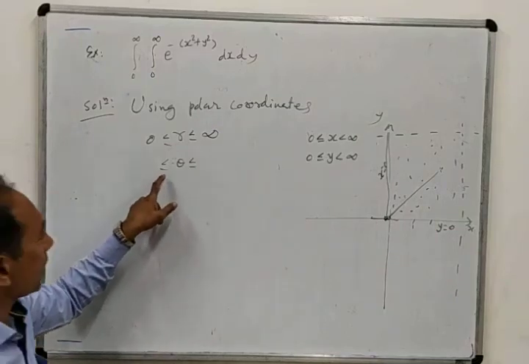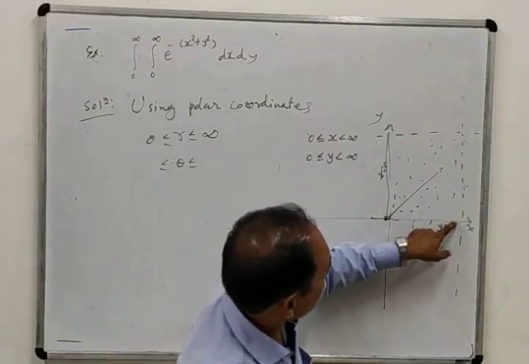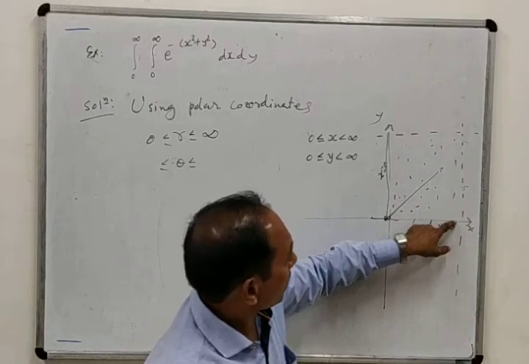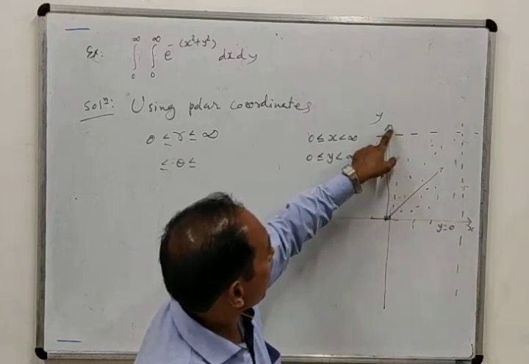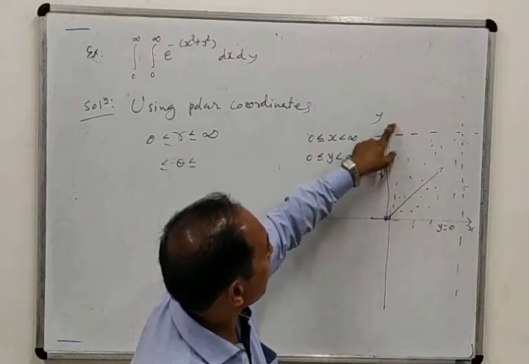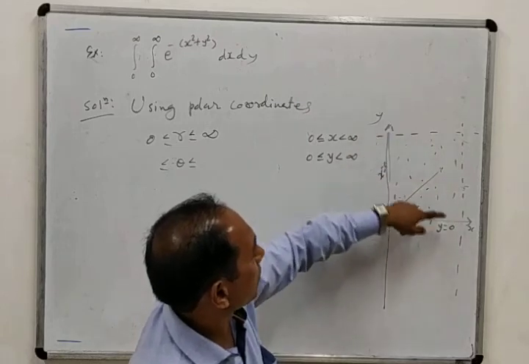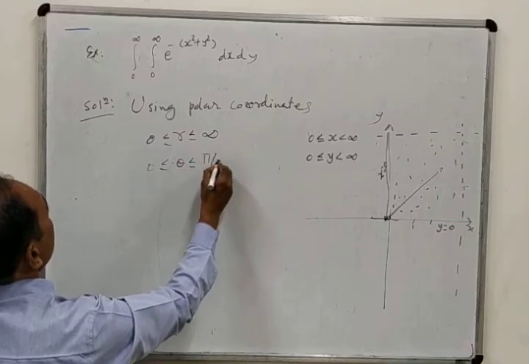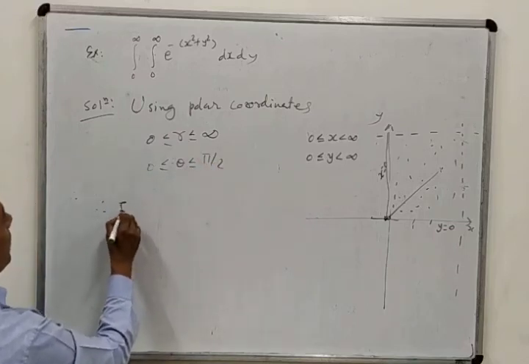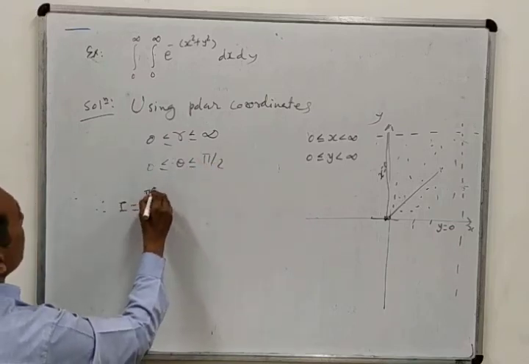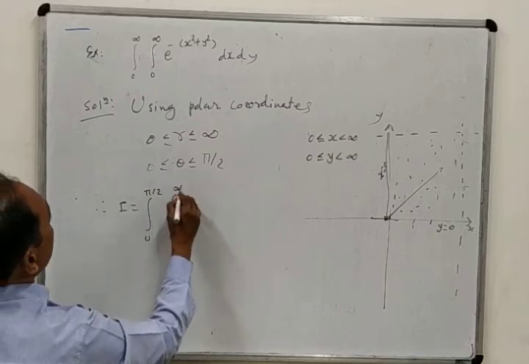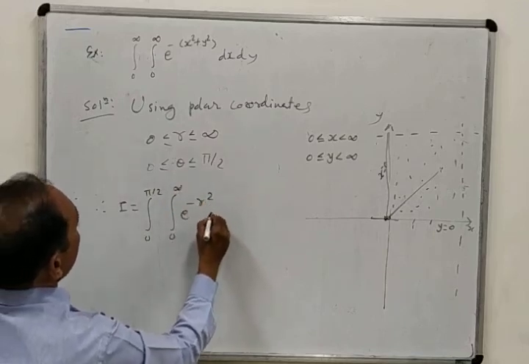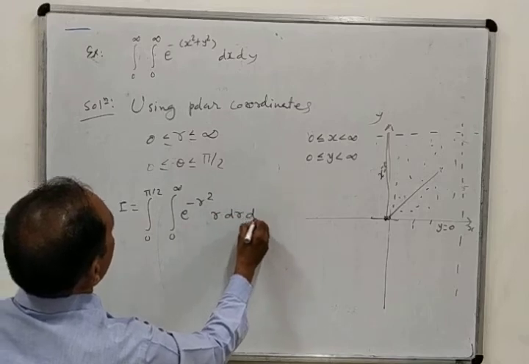Then let us see the angle theta. We always start the angle from the x-axis. So here theta goes from 0 to pi by 2, because the whole region is covered within the first quadrant. Therefore our integration becomes 0 to pi by 2, 0 to infinity, e raised to minus r square, r dr d theta.